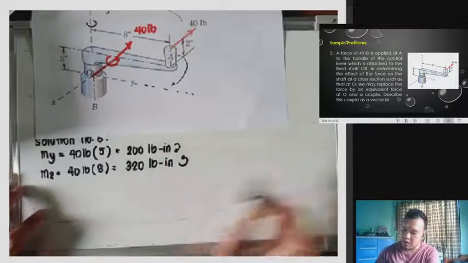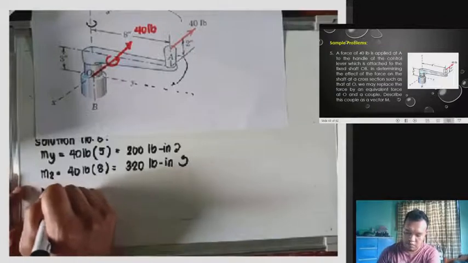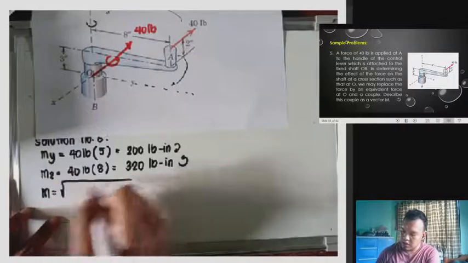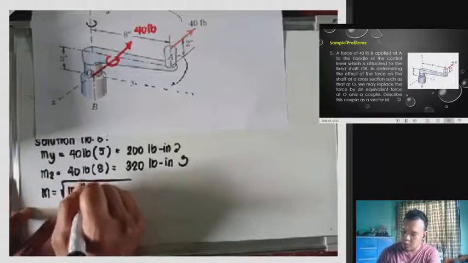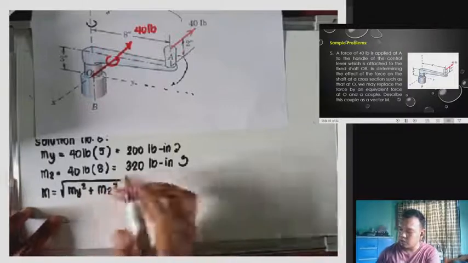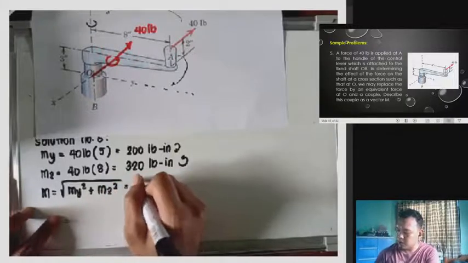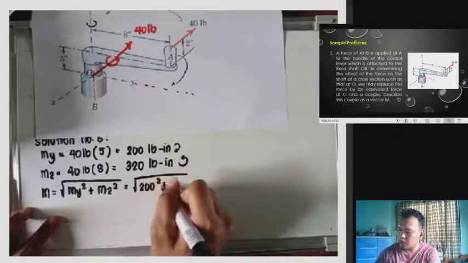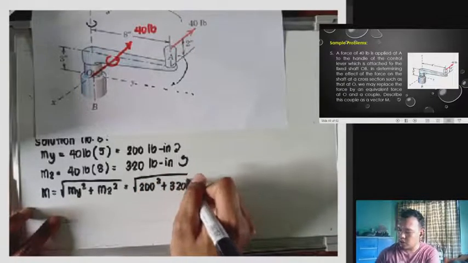So now, to get the moment, M is equivalent to the square root of My squared plus Mz squared, which is the square root of 200 squared plus 320 squared.